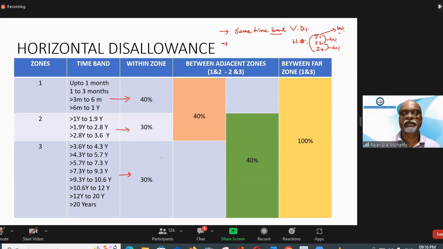This is the adjustment. So first you do the vertical adjustment and find out the amount. Second, you start with whatever netted amount of vertical is there. Then you start with the nearest time band, which is the lowest time band, and adjust that one. Then find which adjacent zone they belong to, apply that percentage and find that amount.